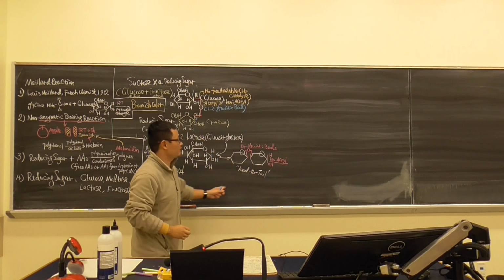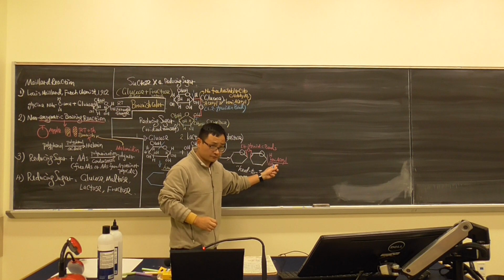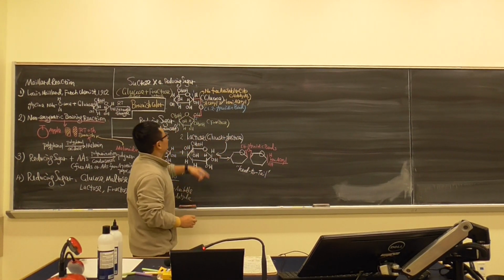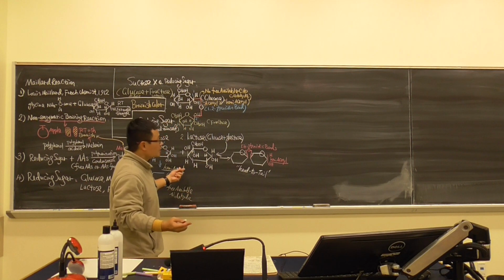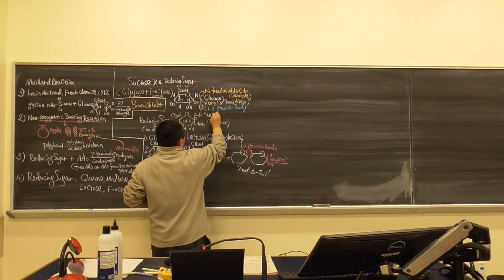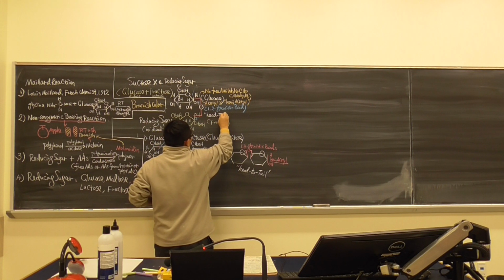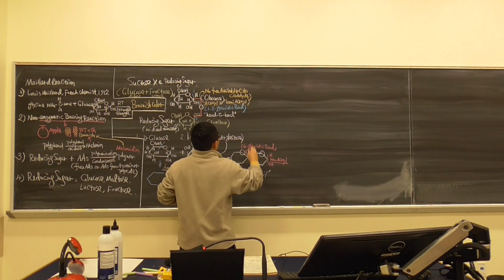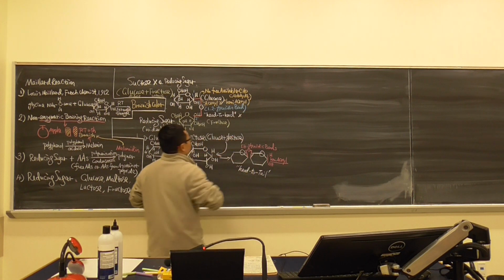They will have a hemiacetal, which means a free available aldehyde will be generated. But the disaccharide like sucrose, we call head to head connection. There is no free available aldehyde.